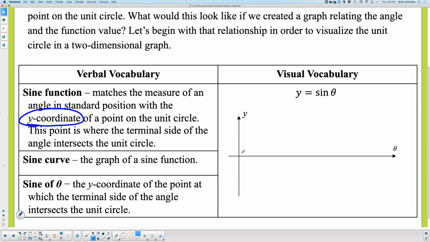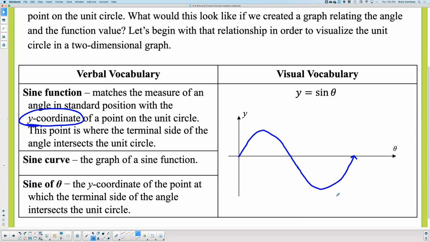And so when we graph, what we're graphing is basically the vertical displacement. There's a big word there. The vertical displacement on the unit circle. And it will look like a wave that first goes up to its maximum, down to its minimum, and then back up like that. I'm going to just put an arrow there. This is a periodic function.